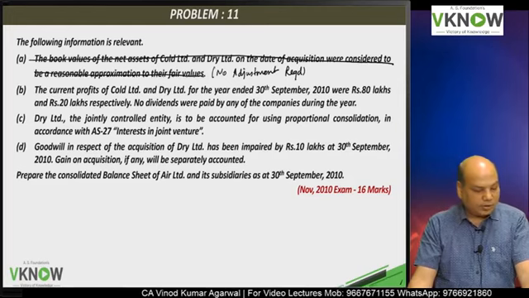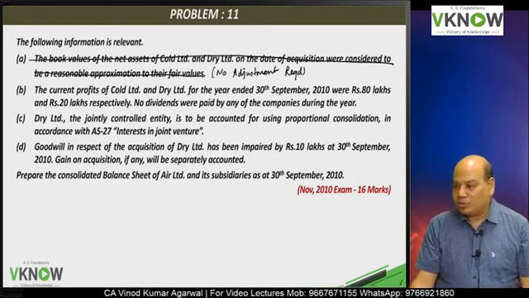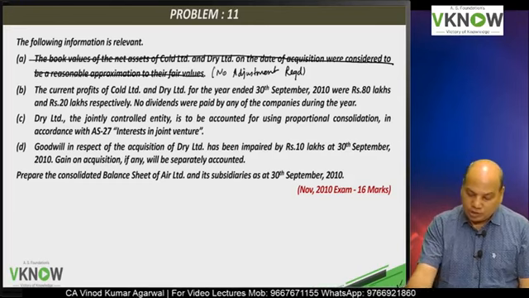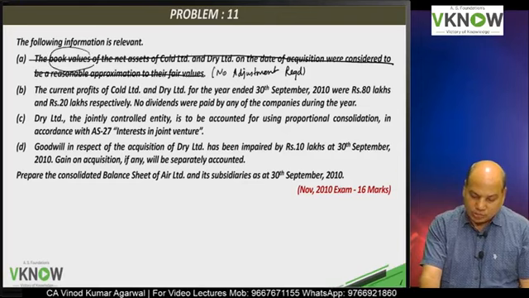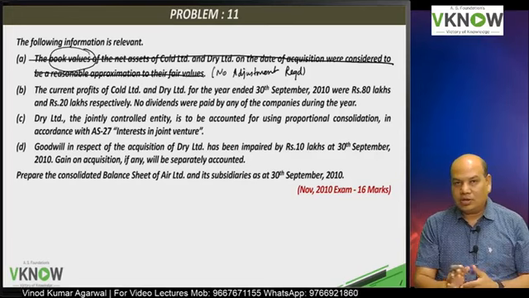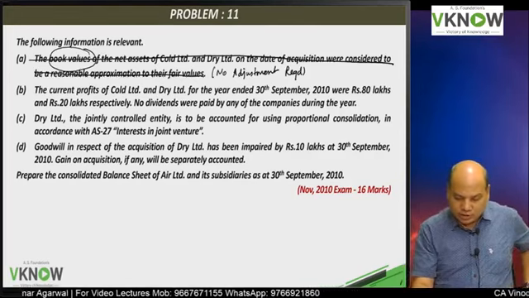It won't affect your answer. We in India compute goodwill or capital reserve on the basis of book value only, whatever is appearing in the balance sheet. We do not use fair value. So that line was irrelevant.